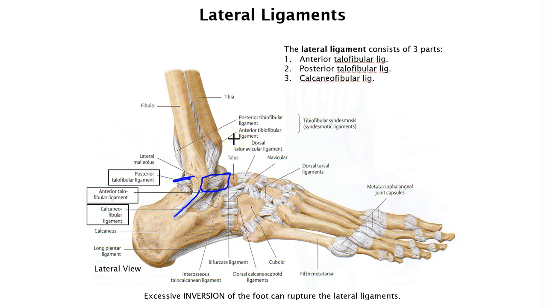This last one, the anterior talofibular ligament, is the most sprained ligament in the body, and therefore all of you will encounter patients during your training or in your practice with an injury to this structure.